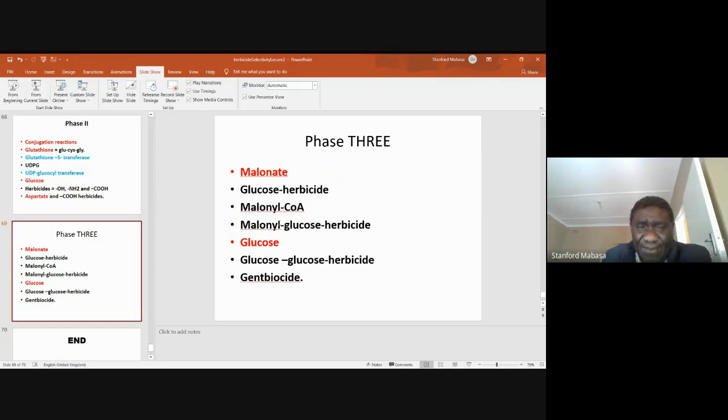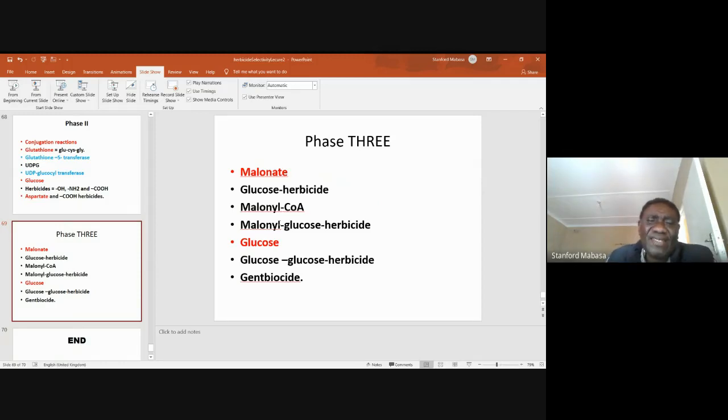And finally, in phase 3, where we have malonate or malonyl coenzyme A, malonyl is added to glucose herbicide, resulting in malonyl glucose herbicide. Or you can have a further addition of glucose, then you end up having a glucose-glucose herbicide.